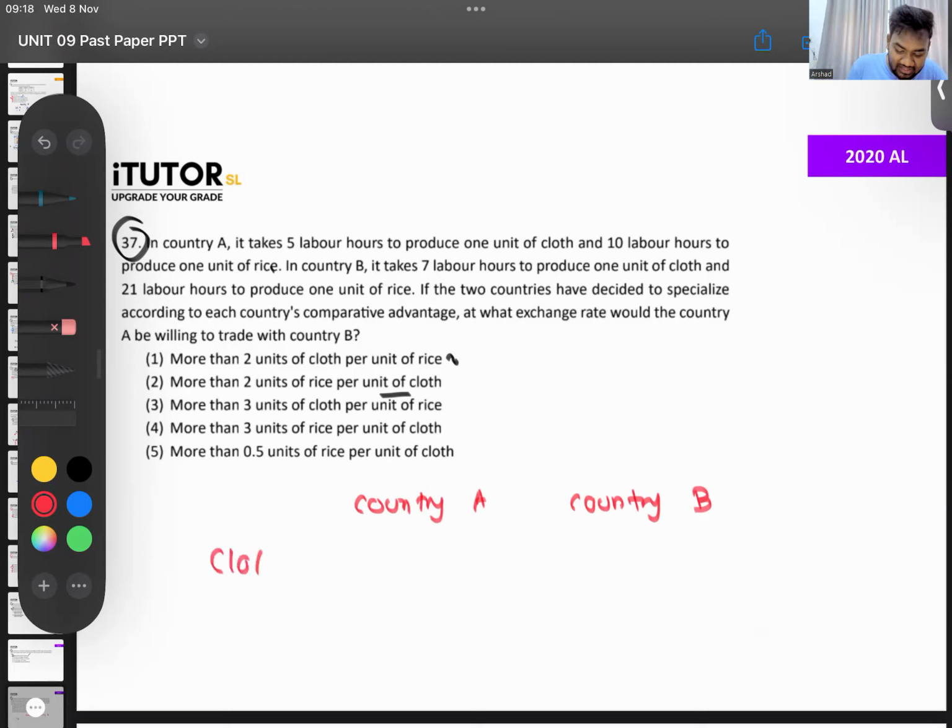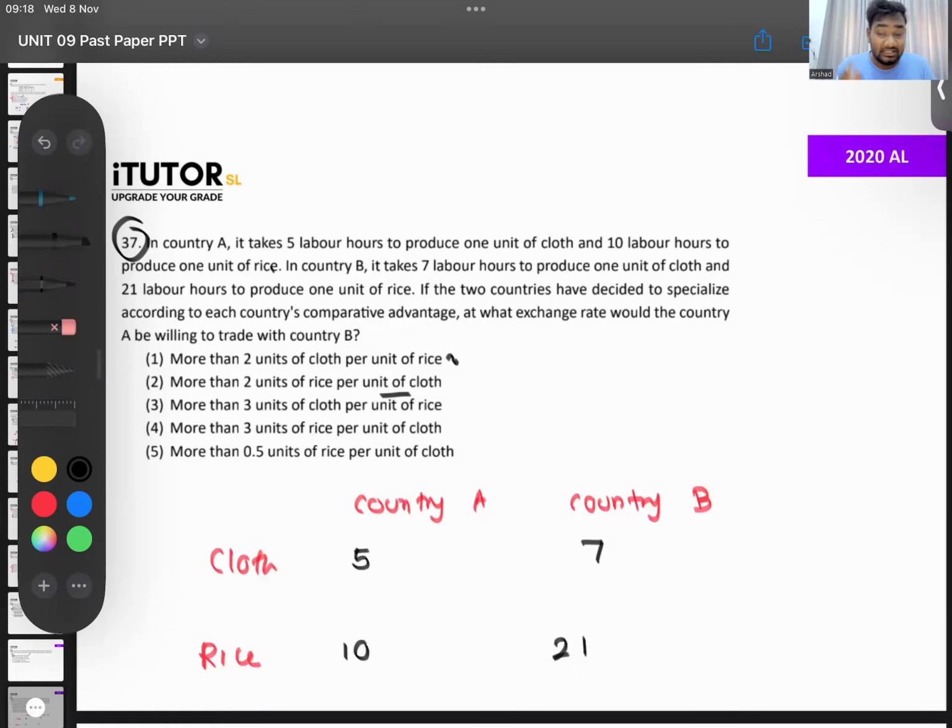They don't have any other goods. No, just cloth and rice. Country A takes 5 labor hours to produce 1 unit of cloth, 5, and 10 labor hours to produce 1 unit of rice, 10. Country B takes 7 labor hours to produce 1 unit of cloth and 21 to do this.